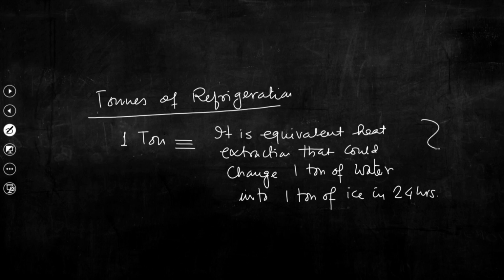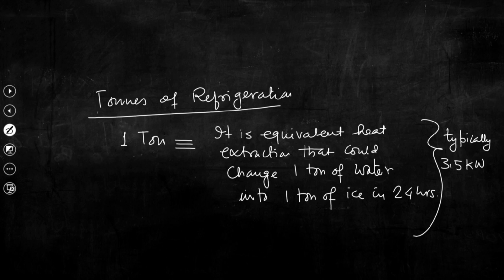Typically 1 ton of refrigeration is 3.5 kilowatt in SI unit or 211 kilojoule per minute. So, this is basically the 1 ton of refrigeration.